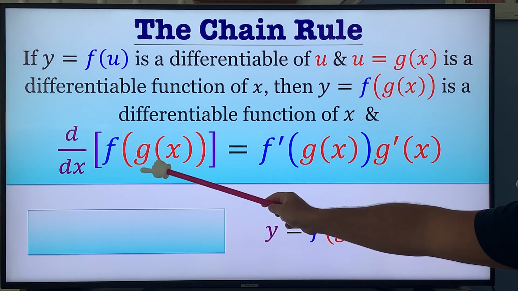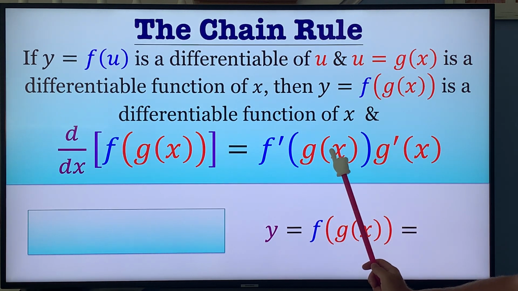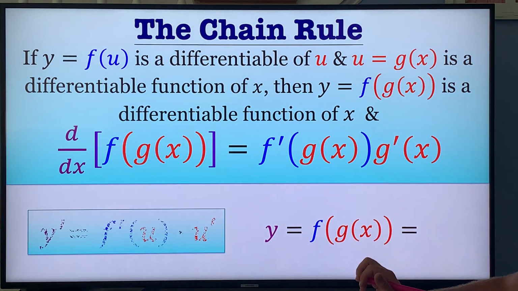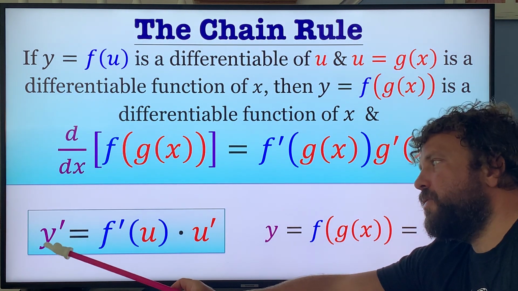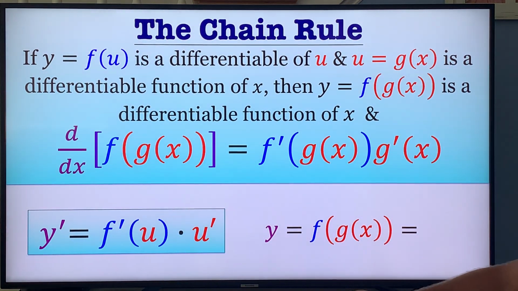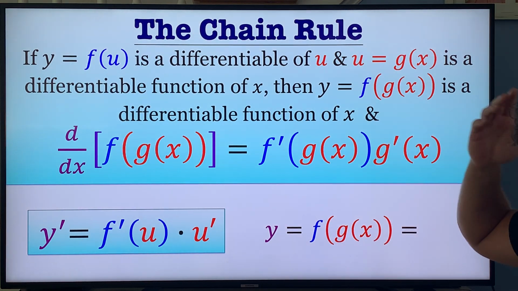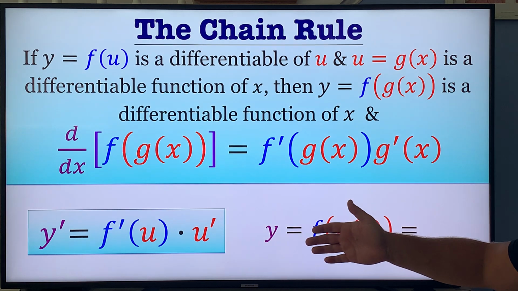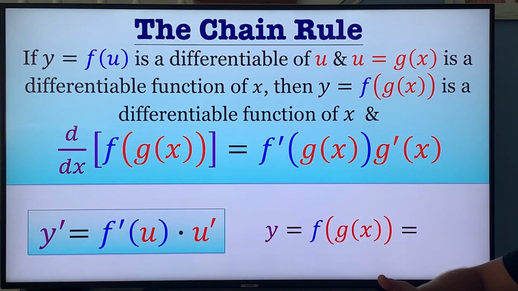The derivative of f of g of x is f prime g of x times g prime x. A lot of words, right? Let me break it down. The derivative of a function is f prime u times u prime. So when you find the derivative of a function inside a function, it's the derivative of the outside function times the derivative of the inside function.